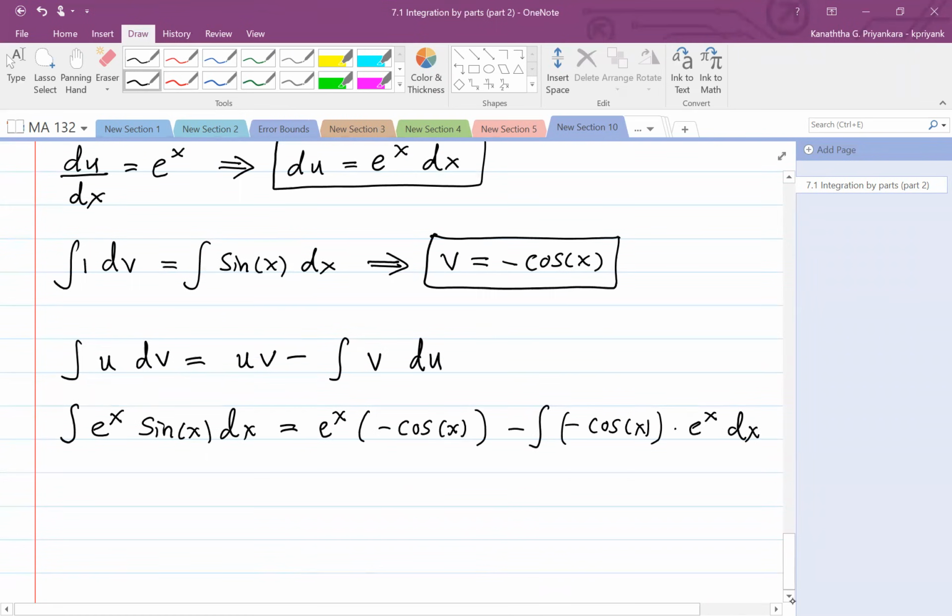Now we can simplify. We have negative e to the power x cosine x, and minus minus gives plus the integral of e to the power x cosine x dx.